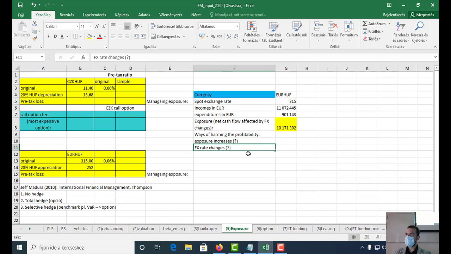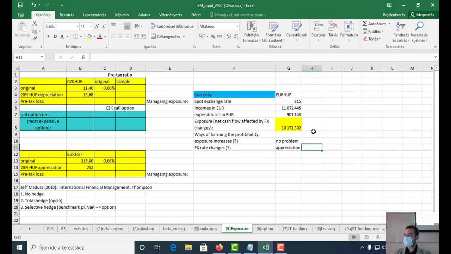Obviously, if we are still profitable in one currency, so we have higher incomes than expenditures, then the appreciation of the currency can be bad for profitability. And when the exposure increases, it's no problem for us. We like to make euros, because it's a positive number.